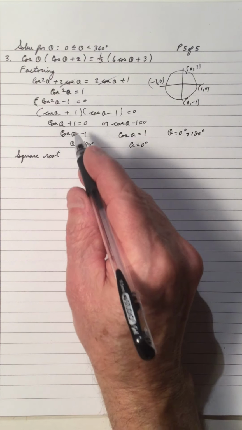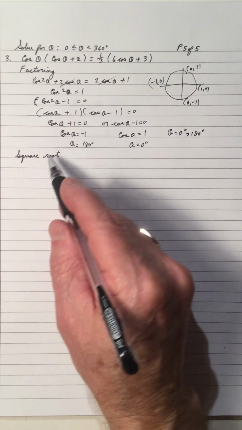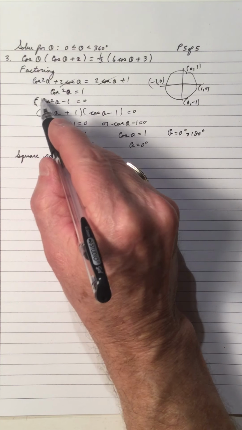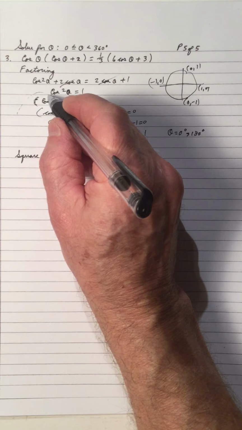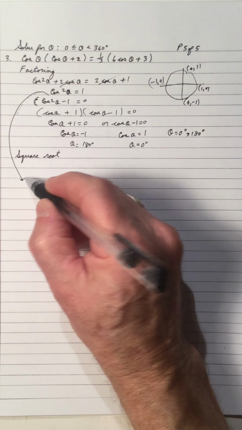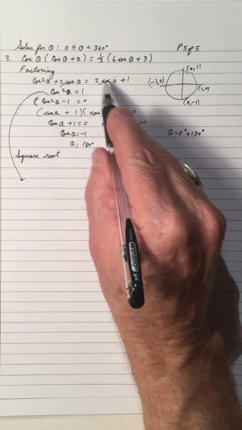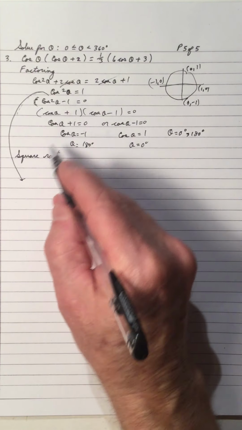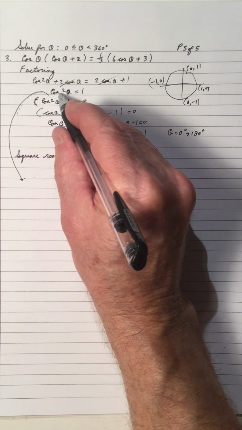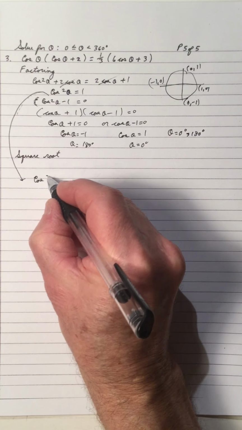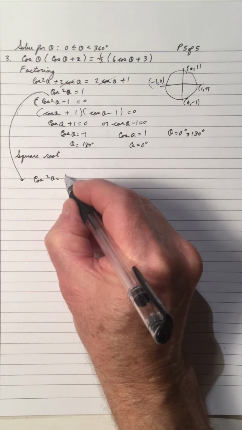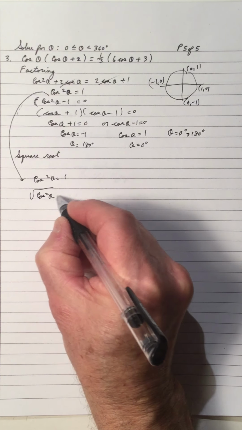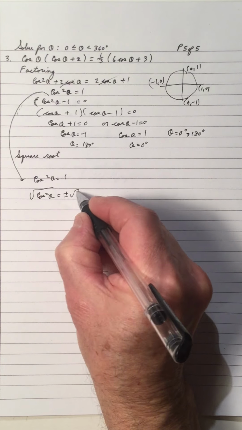If I did the square root property here, I would write this down by multiplying to get rid of the brackets, then cancel these out and get this. From here you would say cos squared theta equals 1. That means the square root of cos squared theta equals plus or minus the square root of 1.